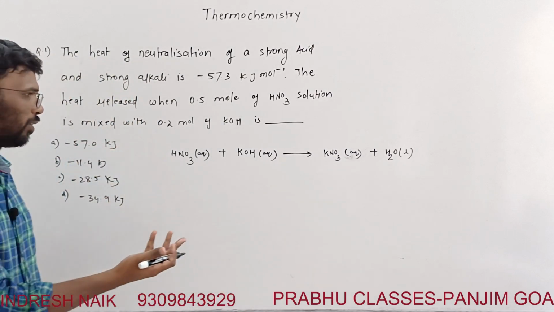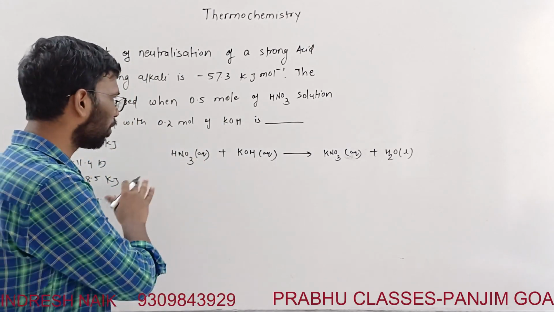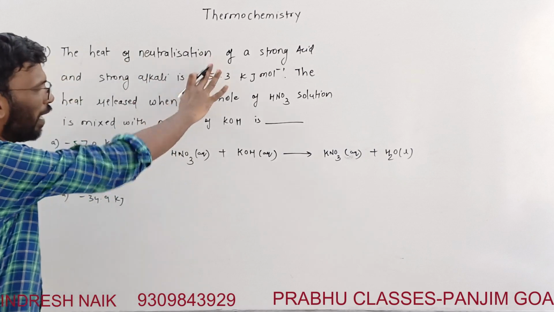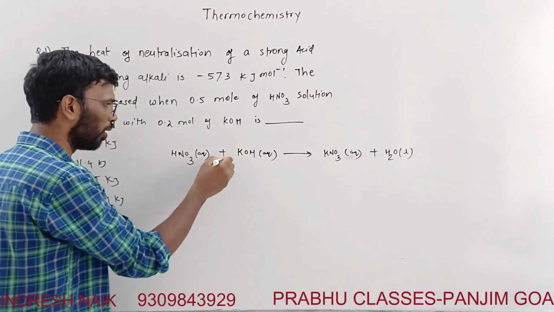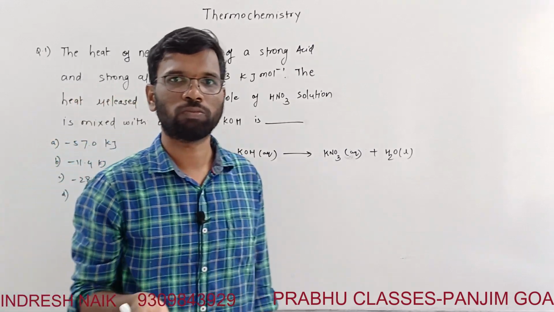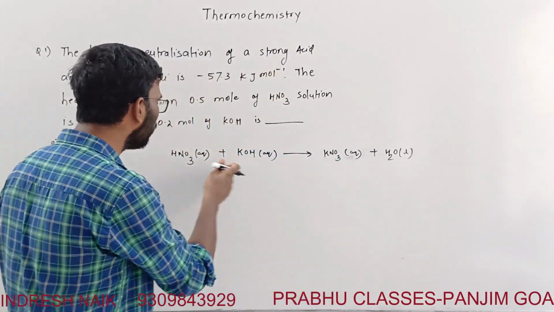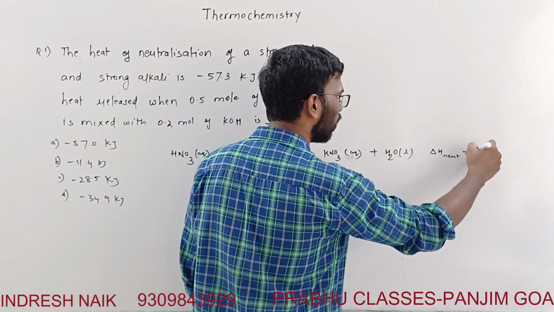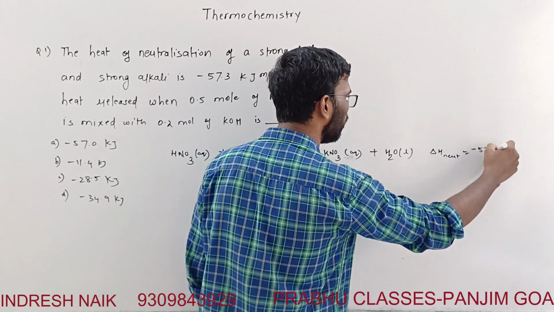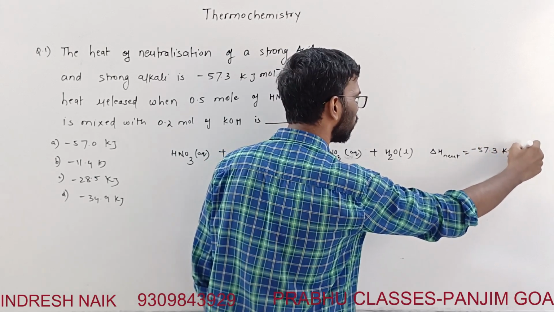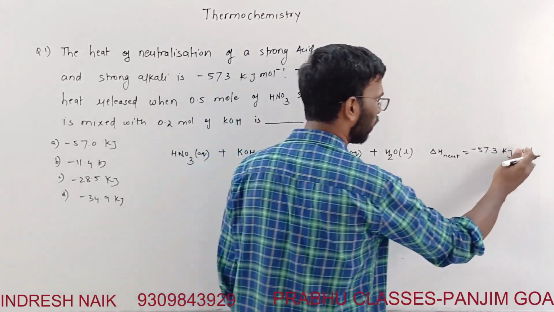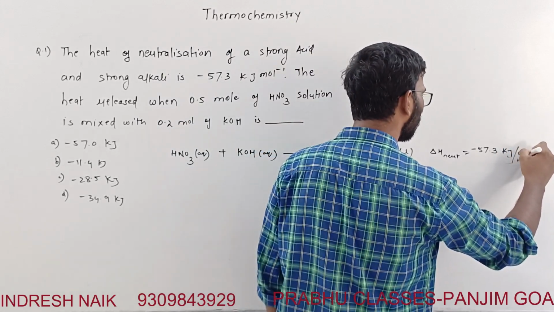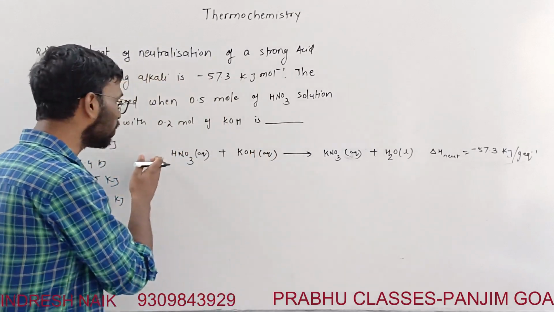If you consider this according to the standard reaction, this is 1 mole, this is also 1 mole, right? I have not included any values from here. Now, what is supplied to you? How many gram equivalent? You will write over here, enthalpy of neutralization is minus 57.3 kilojoules per mole, or we'll write kilojoules per gram equivalent, when this is 1 mole and this is 1 mole.